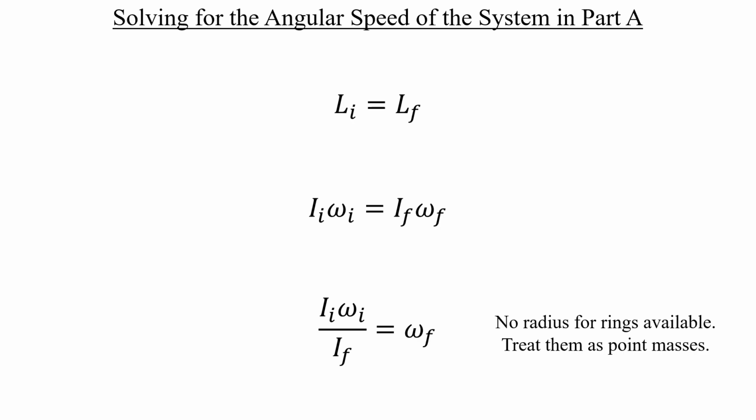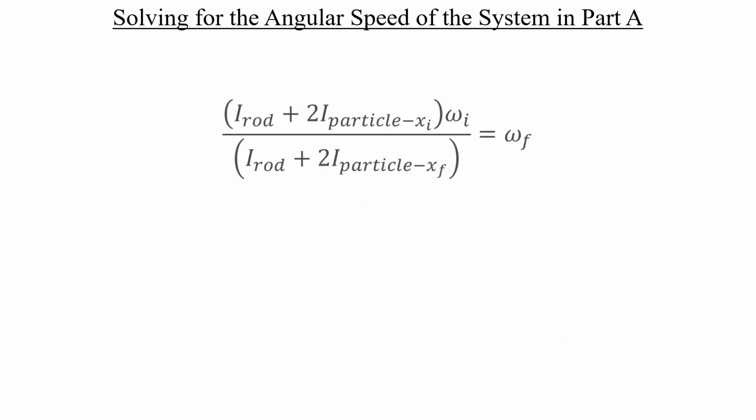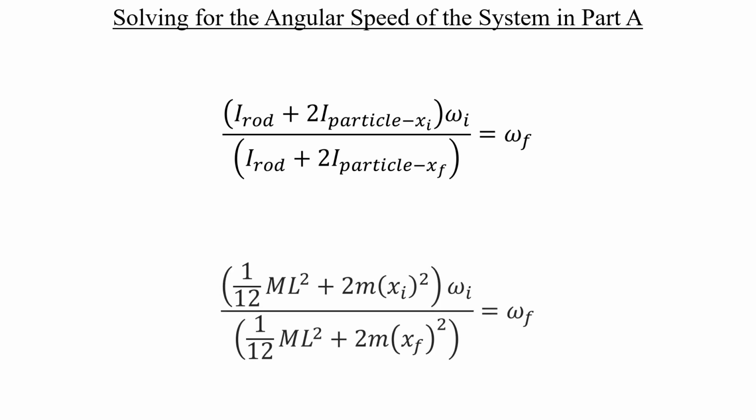Thus, our bottom equation will take on the following form. The moment of inertia through the center of the rod is 1/12 m l squared, and the moment of inertia for a particle is m r squared, which we're going to multiply by 2 to account for both rings, and we'll substitute in x initial or x final for r.